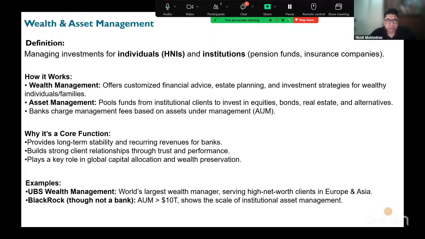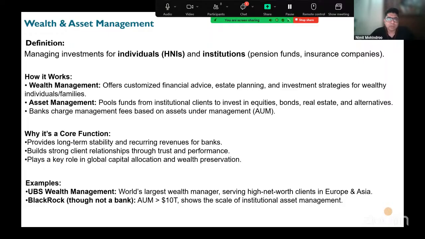BlackRock is a very known name, right? So AUM greater than $10 trillion shows the scale of institutional asset management. So all the big companies, if you see, there would be BlackRock investment behind it, right? So that is all about wealth and asset management.